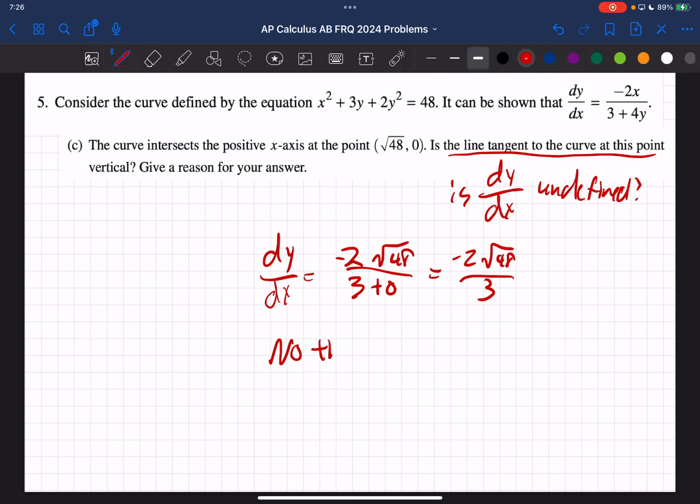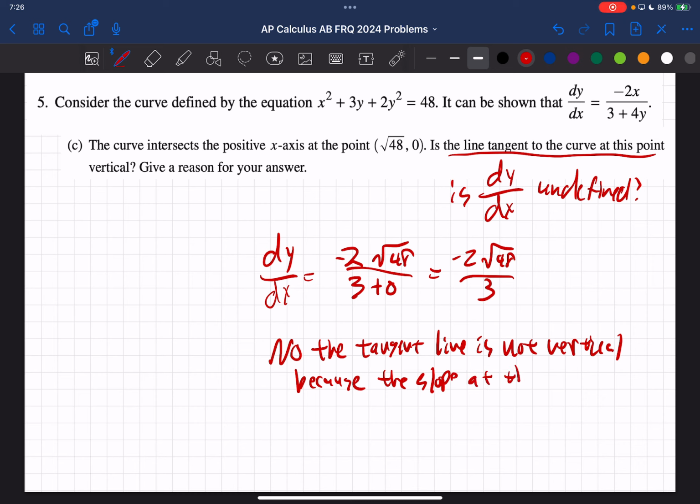So let's clarify what it is. No, the tangent line is not vertical, because the slope at that point is not undefined.